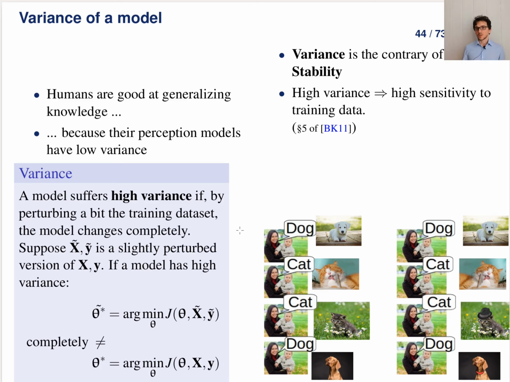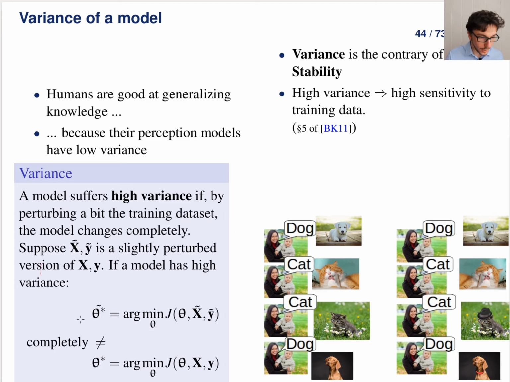So let's try to recap about this aspect. So we understood that when we have multicollinearity problems, or quasi-multicollinearity problems, our model is unstable. We can also say that the model suffers high variance. This happens whenever, even if you change a bit your training dataset, the model changes completely.